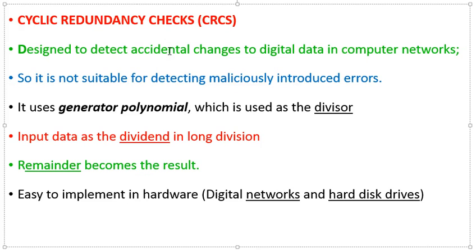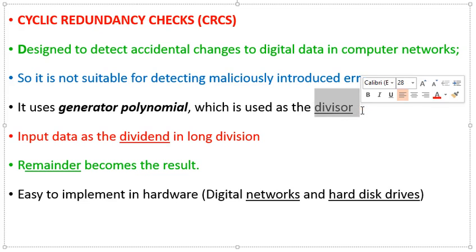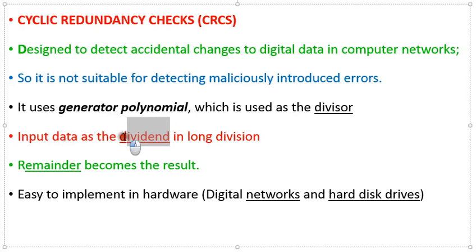And how do we do it? We use what we call a generator polynomial, this mathematics. This generator polynomial is used as our divisor, that is the polynomial that will be used for dividing. And the input data we are sending to the receiver is used as the dividend, that is the data being divided by the divisor. We do this division using what we call the long division method.